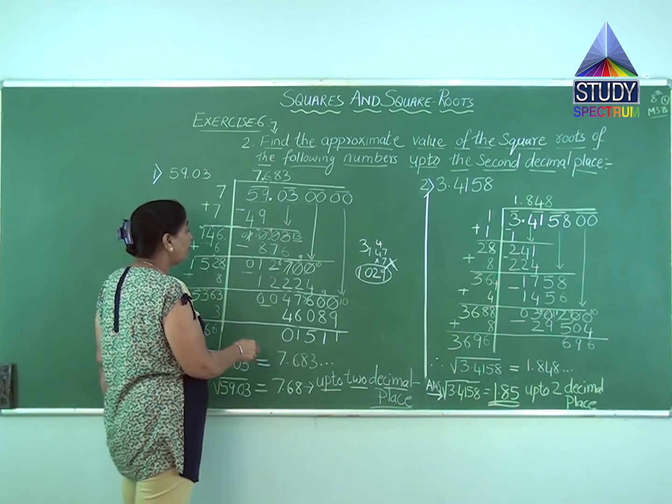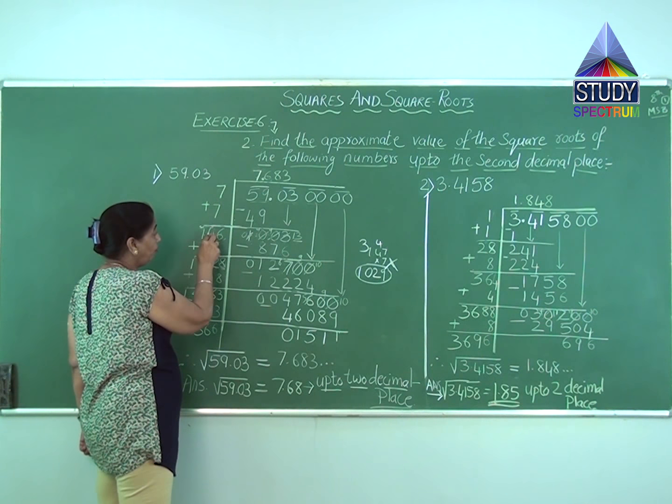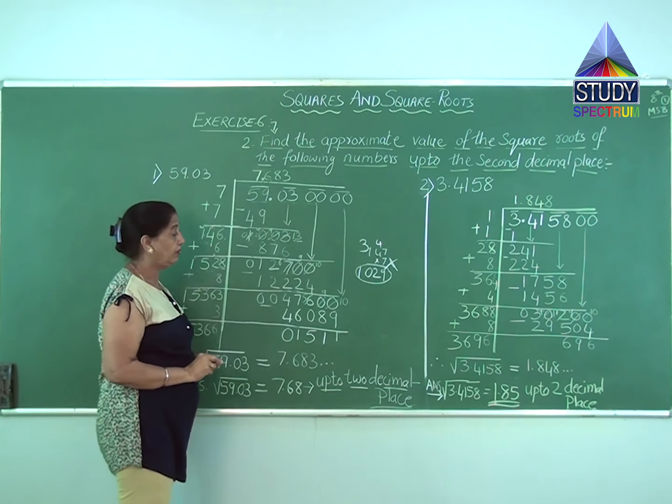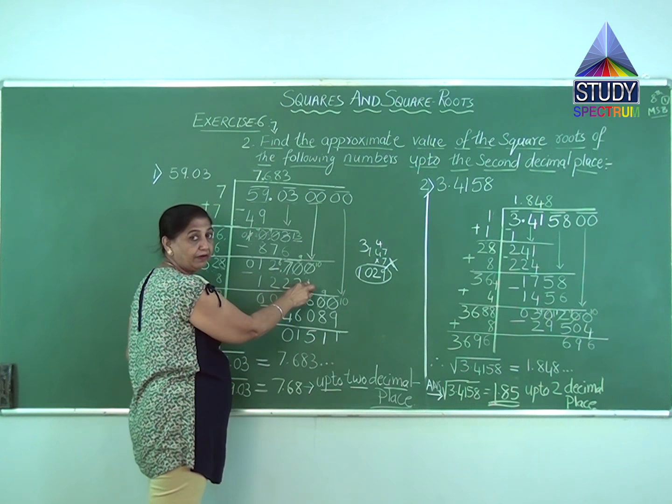Now the next step is what? This number which I have taken, 6, I will add over here. So 6 plus 6 gives me 12, 1 carry. 4 plus 1, 5. And then this 1 will come over here. To solve further, I will bring this pair of 00 below. Now it has become 12,700.